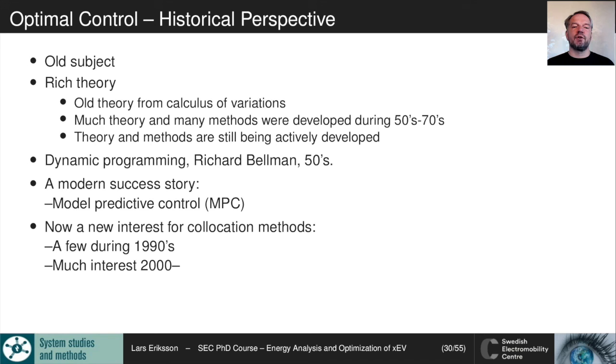And now there's a renewed interest in what are called collocation methods, which is a way of numerically transcribing the infinite dimensional problem to a finite dimensional problem that you optimize with computers. There were a few collocation methods during the 90s, but now, since the turn of the millennium, the interest has exploded, and this follows very much from the fact that the computational power of computers has improved.